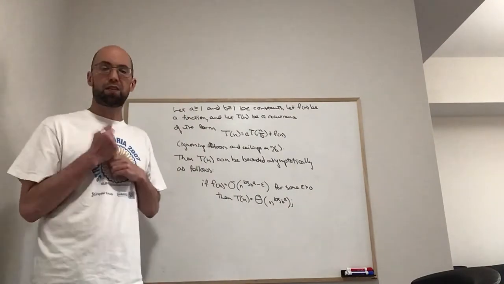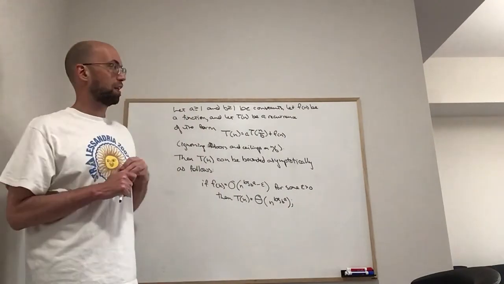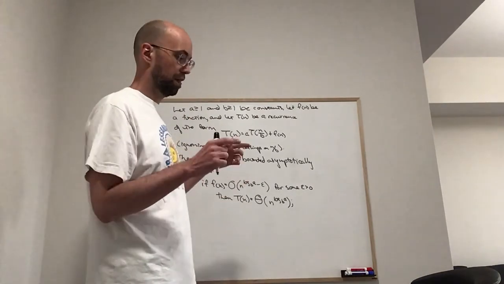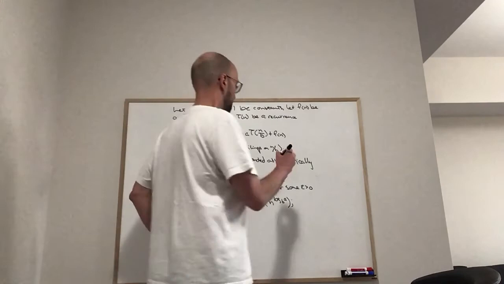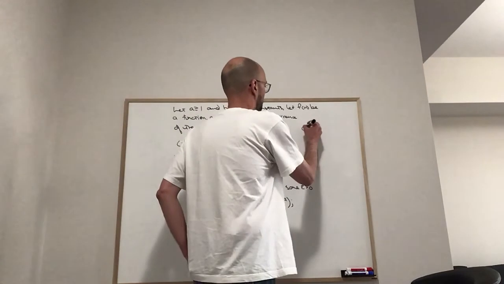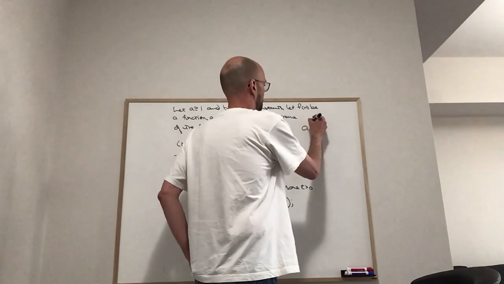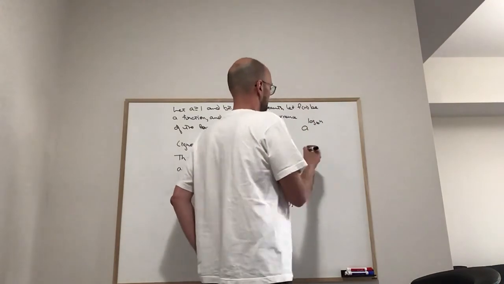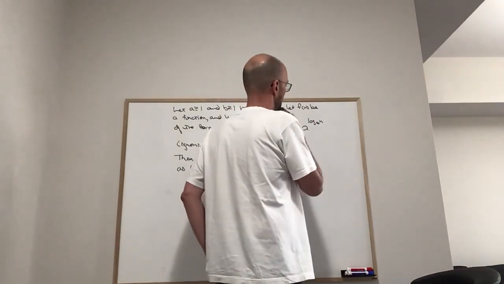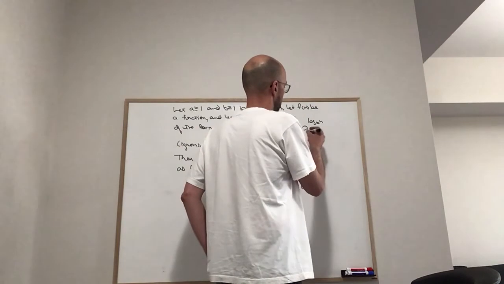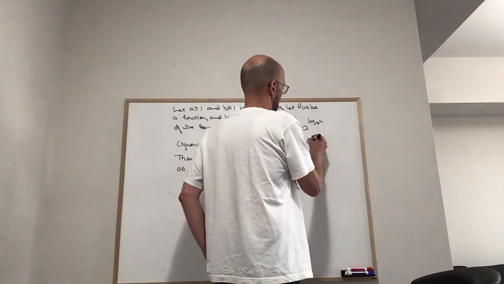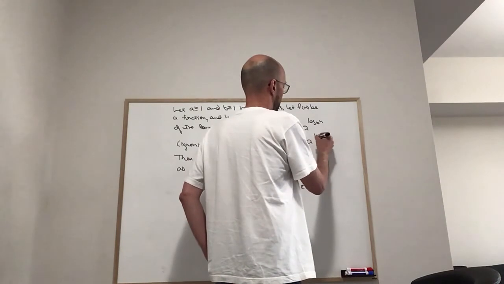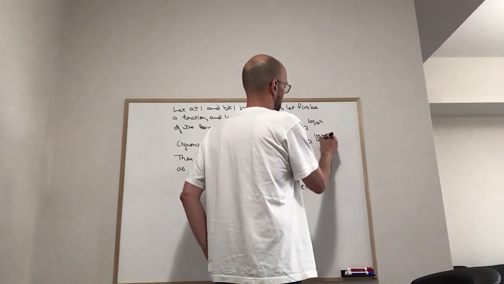I shouldn't do this stuff on the fly, but you're going to get a to the log base b of n, which is a to the log n over log b.